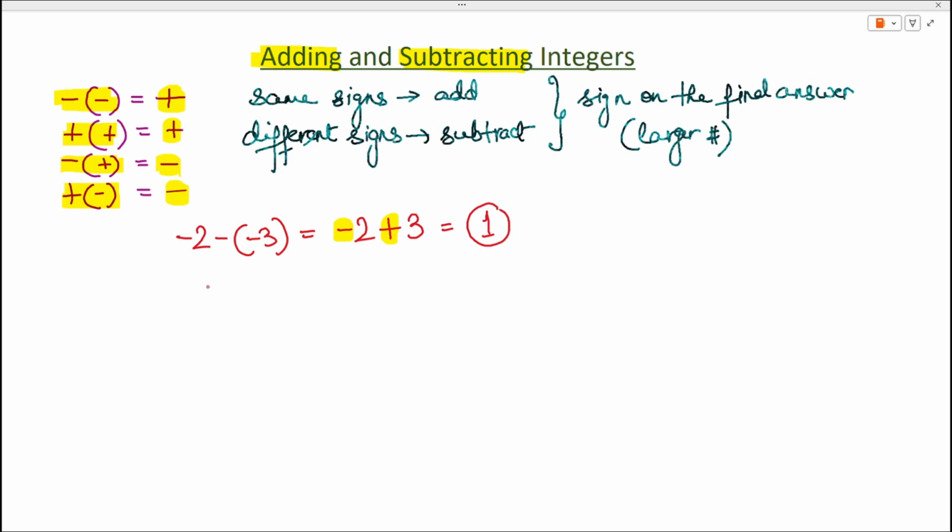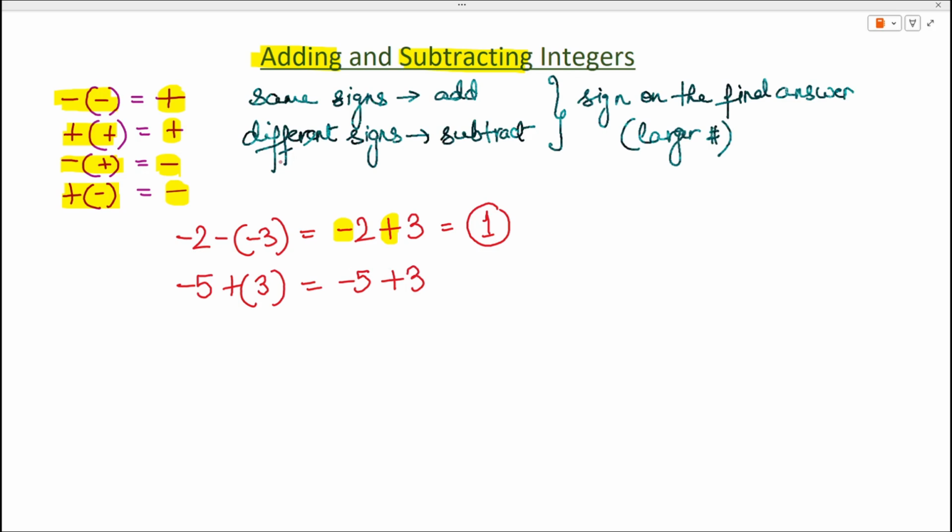Let us look into another one. Suppose we have to do -5 plus 3. Just because there's only one sign, let us just remove the bracket. So this is +3. Now the 5 has a negative sign, the 3 has a positive sign.